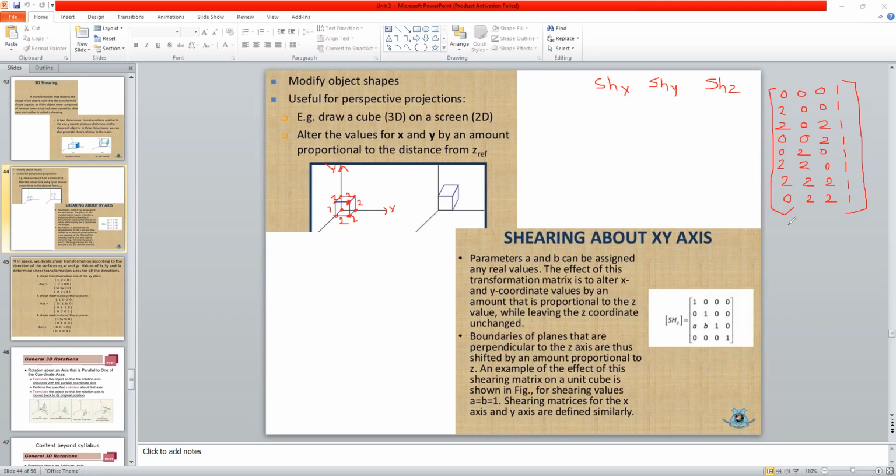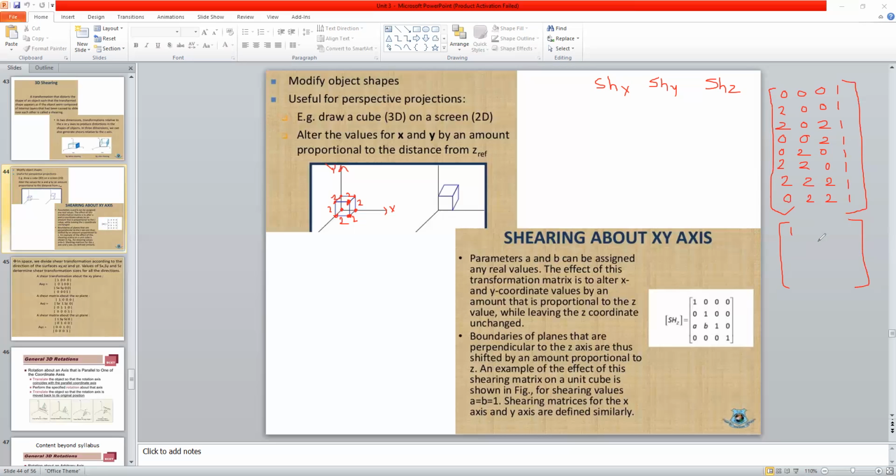Now those 8 coordinates, I am going to multiply with the shearing factor. Now let us shear it along the Z axis.